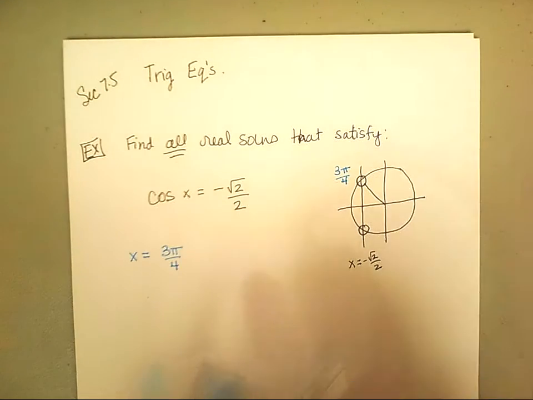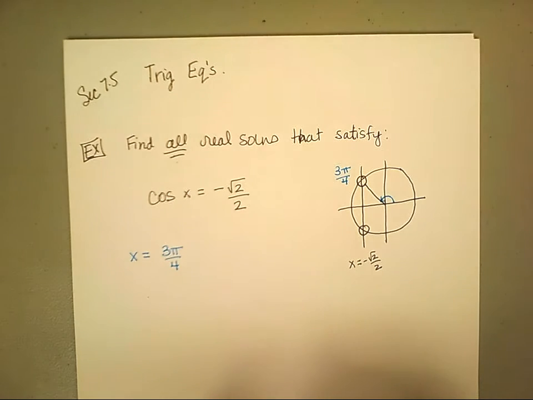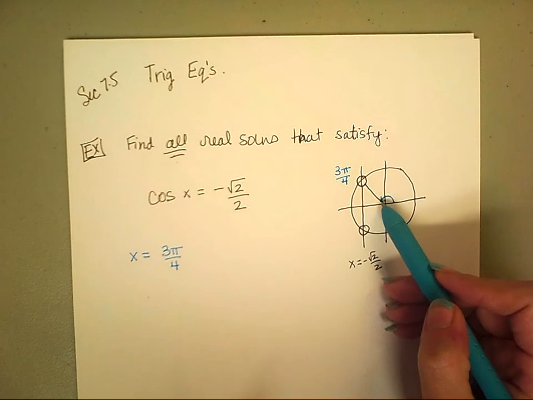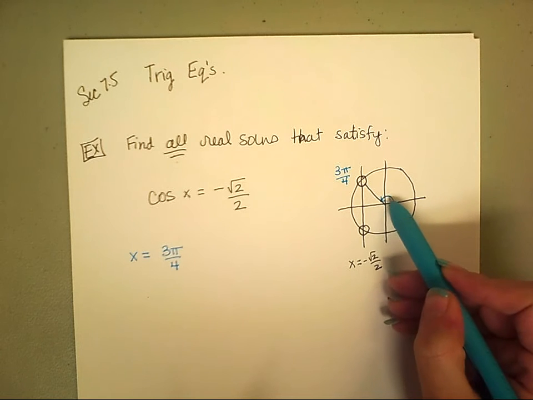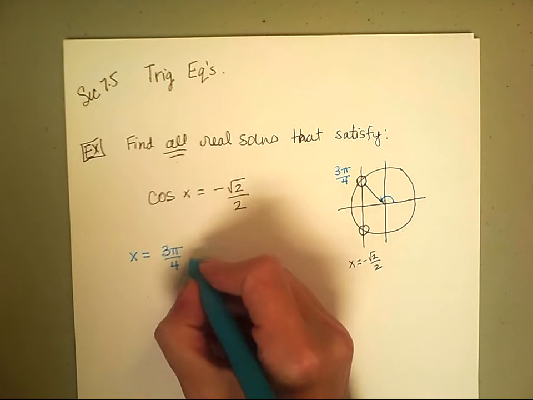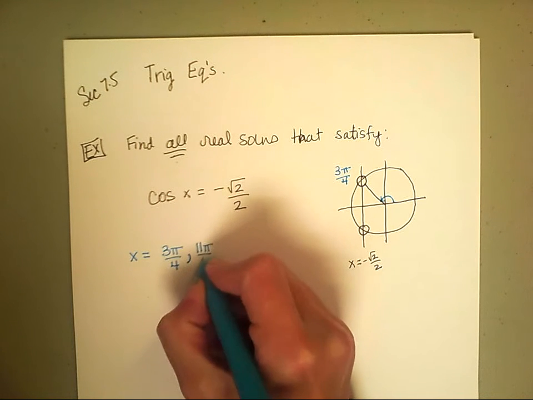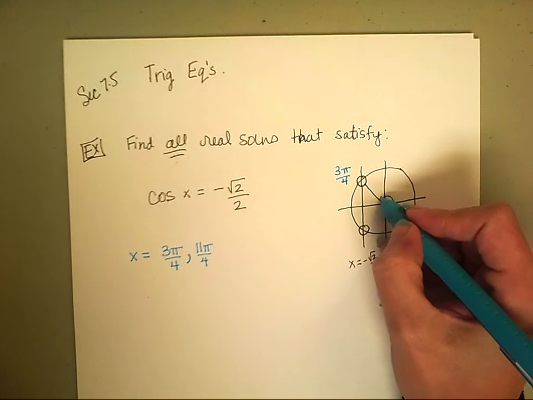Specifically, this is the first angle I'm talking about. But we're instructed to find all of them. So any looping around, like say the next one, if I take 3 pi over 4 and I add 2 pi, the next angle is 11 pi over 4, so that would be the second loop.